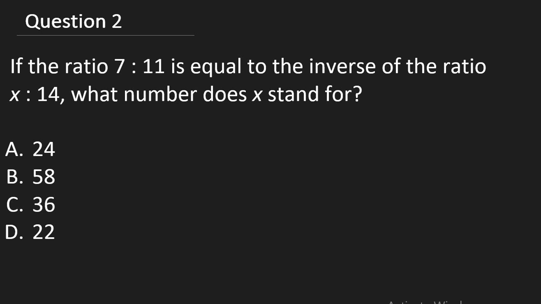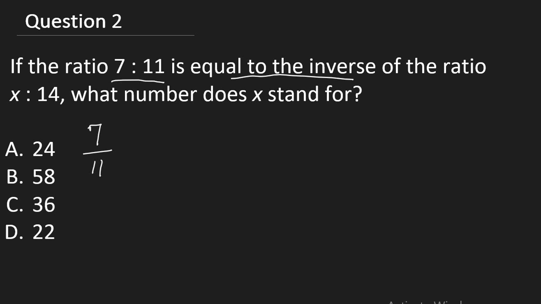If the ratio 7:11 is equal to the inverse of the ratio x/14, what number does x stand for? I want you to know that ratio means division as well. So I can rewrite 7:11 as 7 divided by 11.